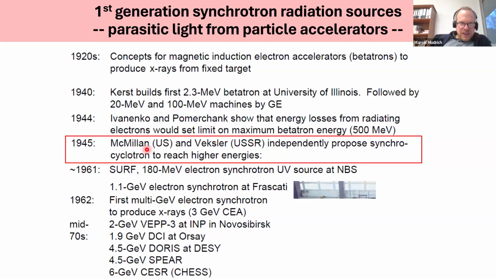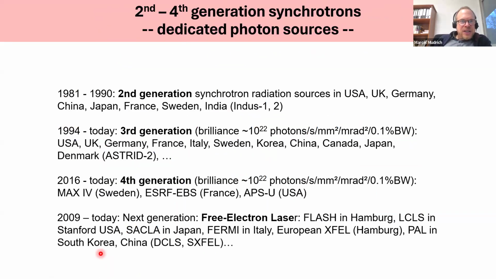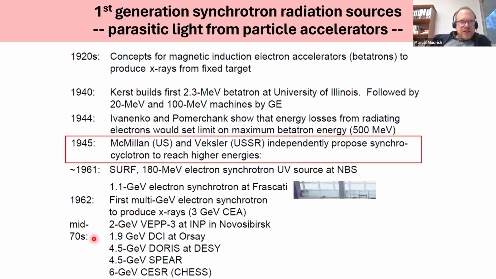An interesting fact to be aware of is that the first generation synchrotron radiation sources were actually measurement end stations placed at accelerator structures, which were designed for nuclear research or particle physics research.